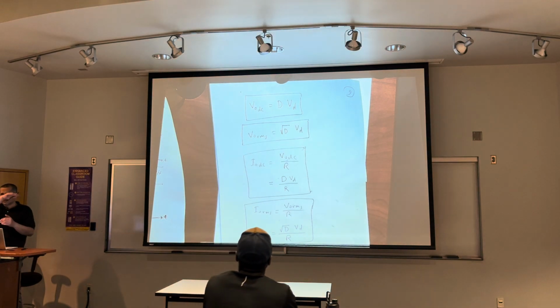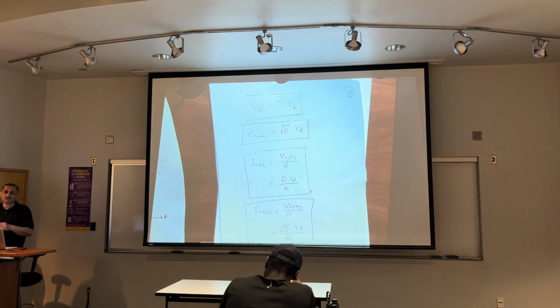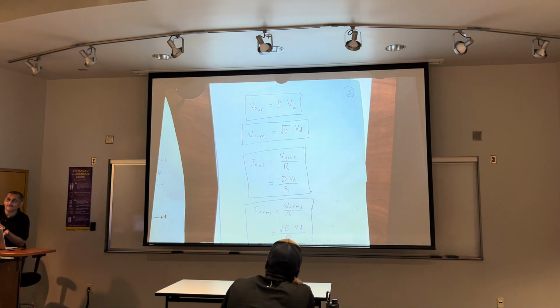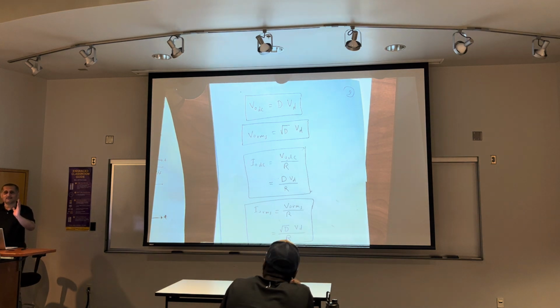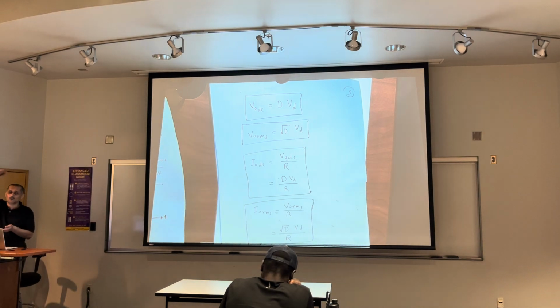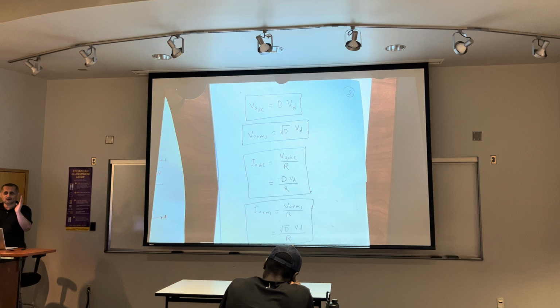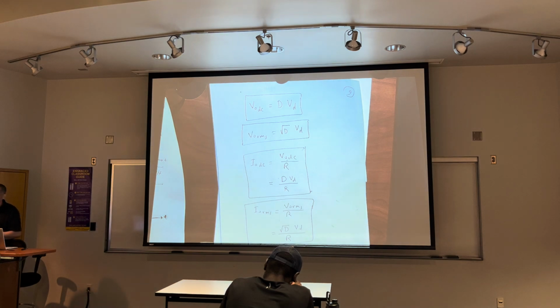The RMS is not area. Why? Because VD square is not area, but VD by time is area in the curve. But VD square times T on is not area.